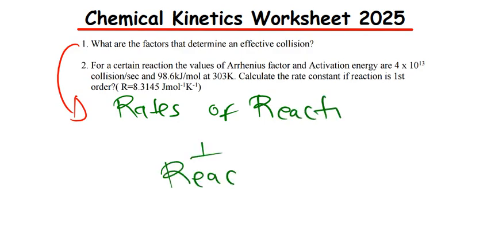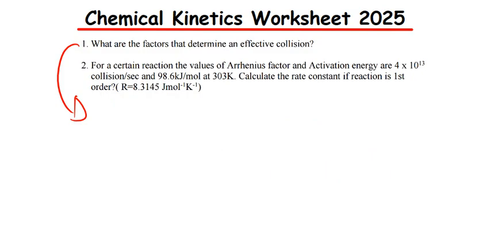That's what we study under chemical kinetics. Now, when we are talking about the factors that affect the rate of the reaction, there are actually two important things that we take note of. One, which is the collision theory, where this question is coming from.